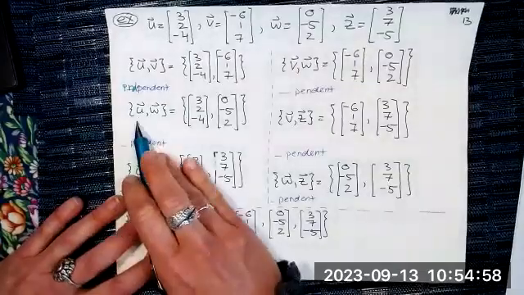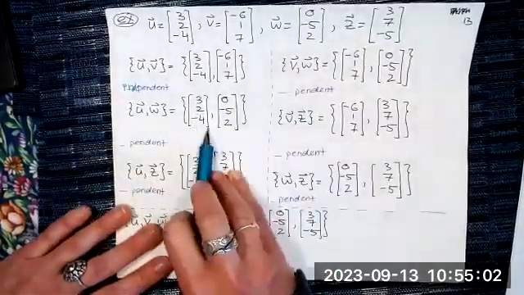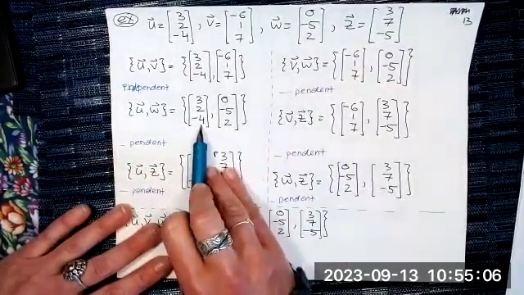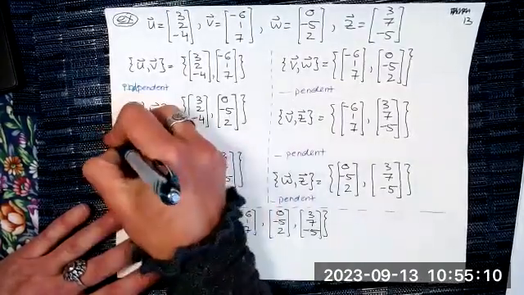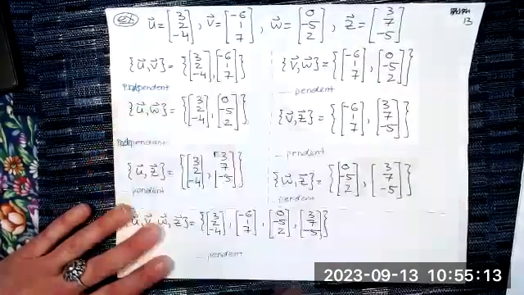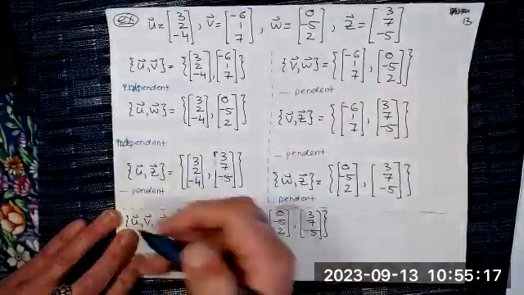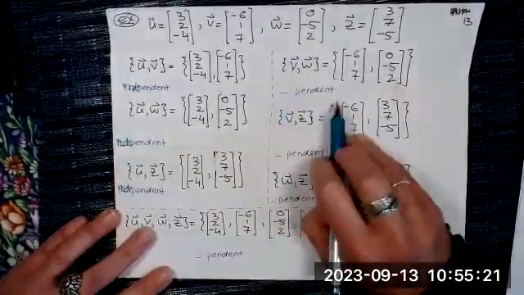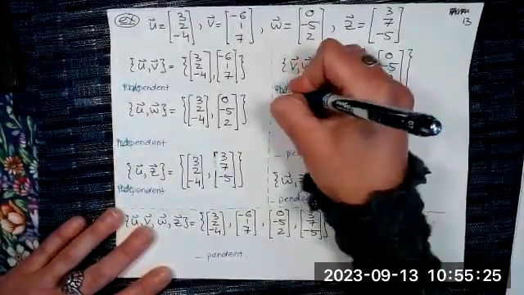U and W, also independent because they're not multiples of one another. Minus 4, 2 times minus 2 would be minus 4, but minus 5 times minus 2 is not 2. So this is also independent. U and Z, the same thing, 3 and 3, 2 and 7, independent. V and W, 6, 0, 1, minus 5, independent.